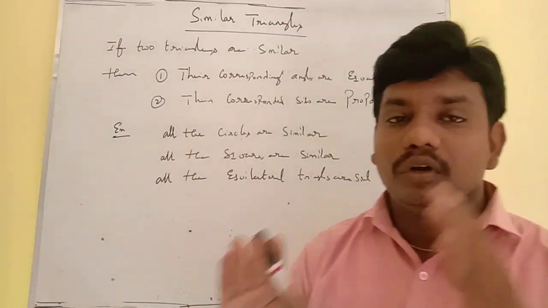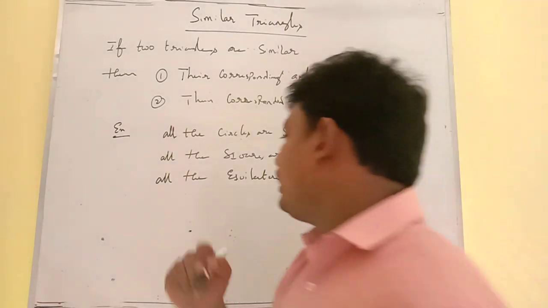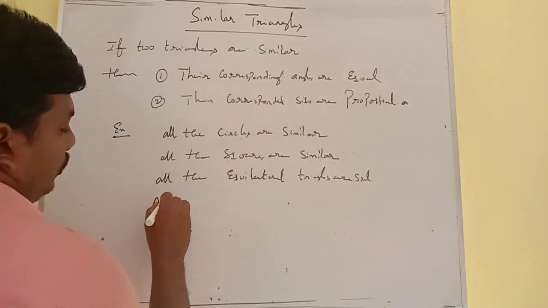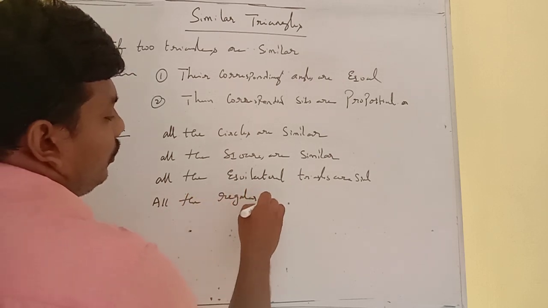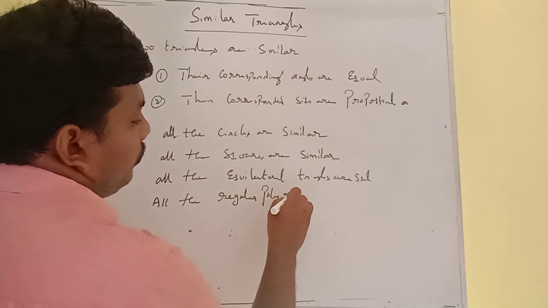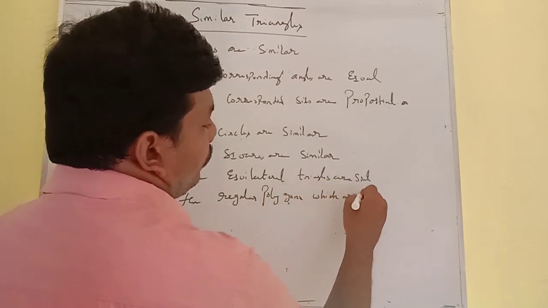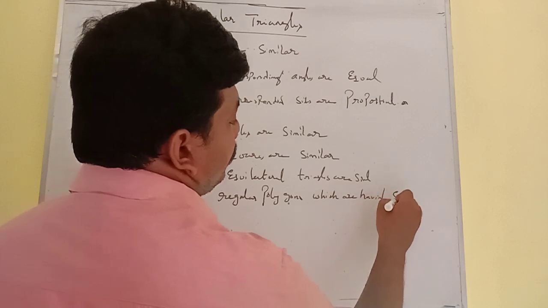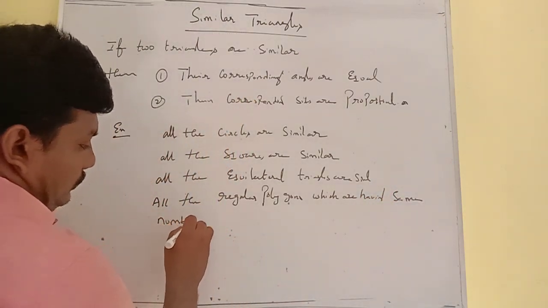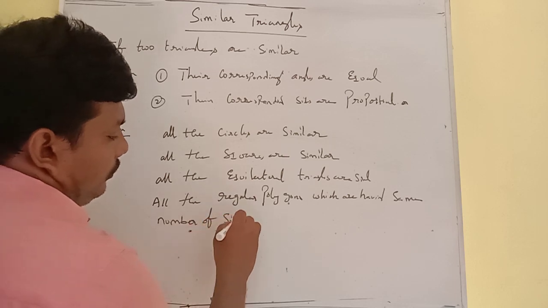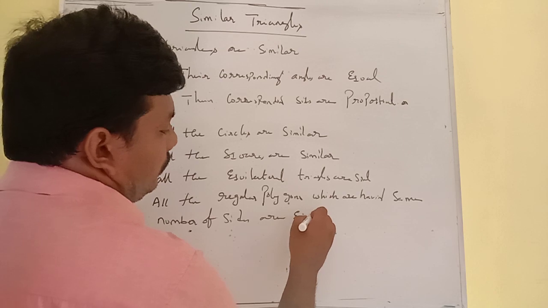All the regular polygons which are having the same number of sides are similar.